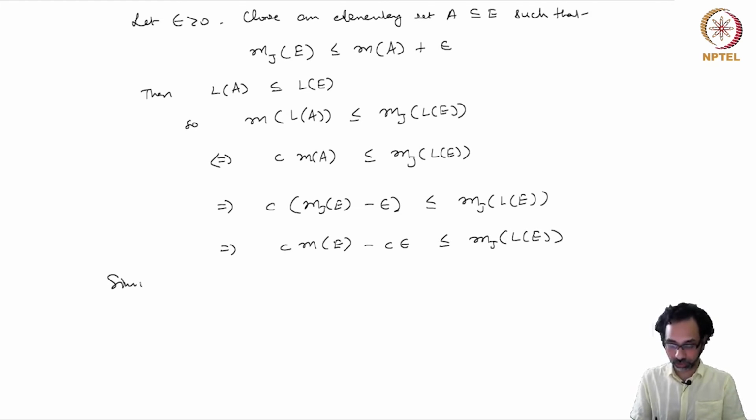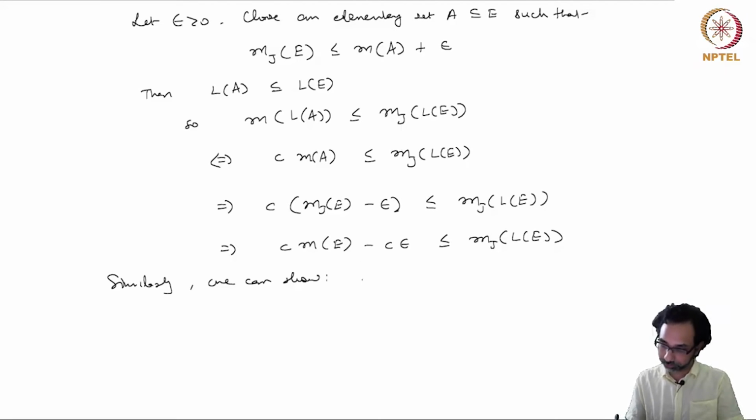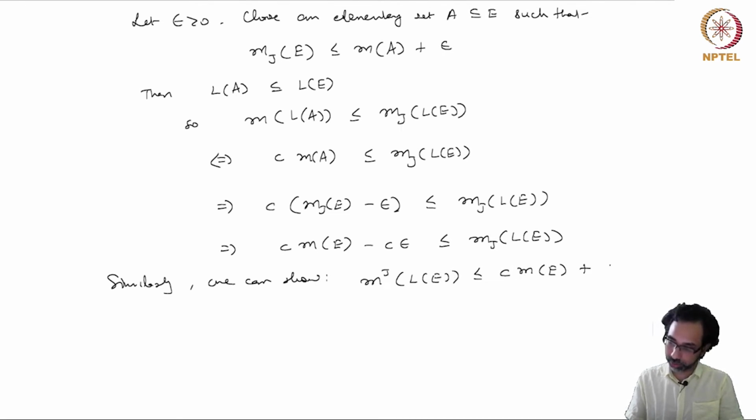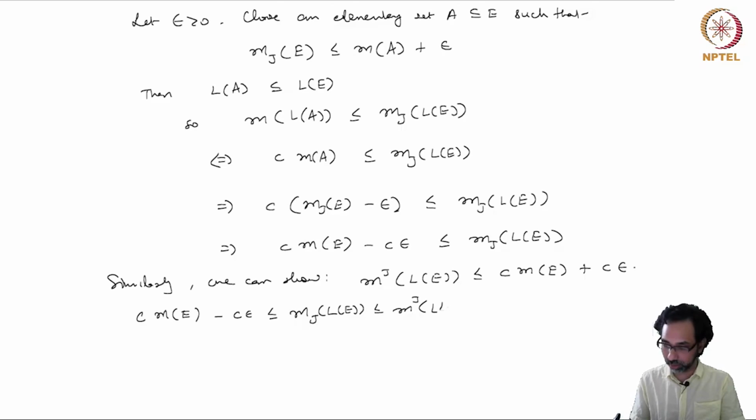Similarly, one can show, using the outer Jordan measure, that the outer Jordan measure of LE is less than or equal to C m(E) plus C epsilon. So we will get a chain of inequalities: C m(E) minus C epsilon is less than or equal to the inner Jordan measure of LE, which is less than or equal to the outer Jordan measure of LE, which is less than or equal to C m(E) plus C epsilon.